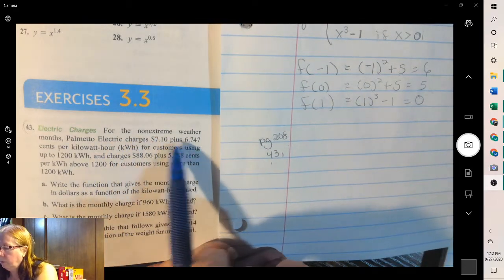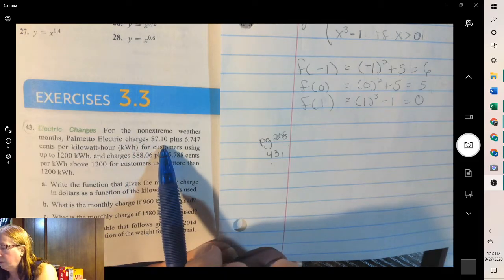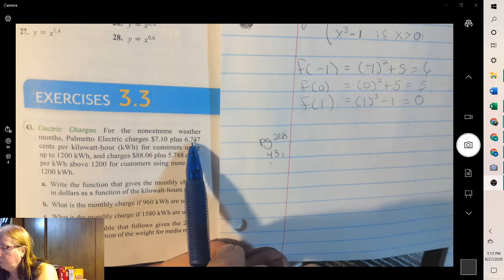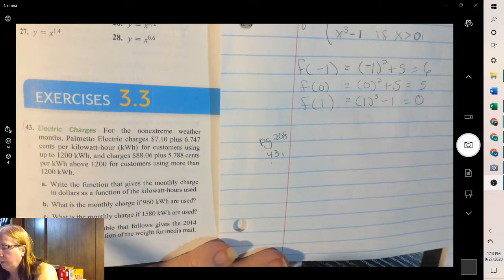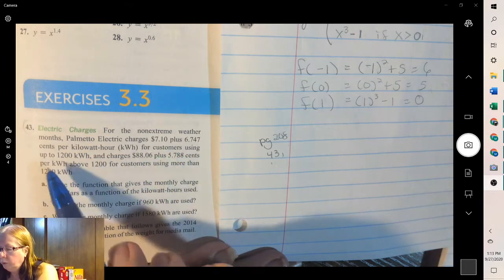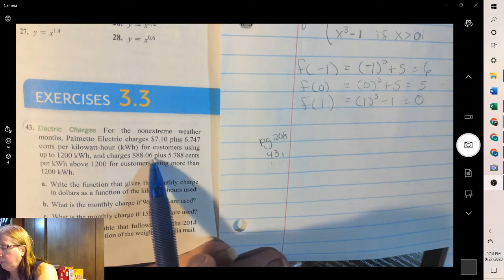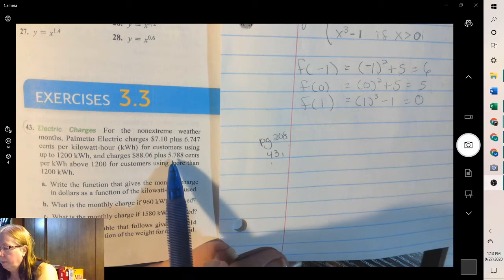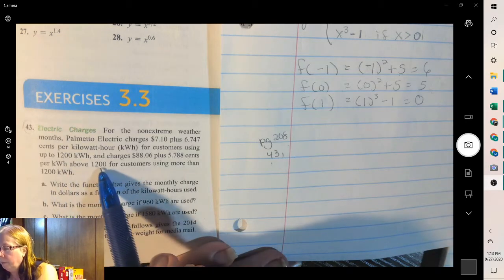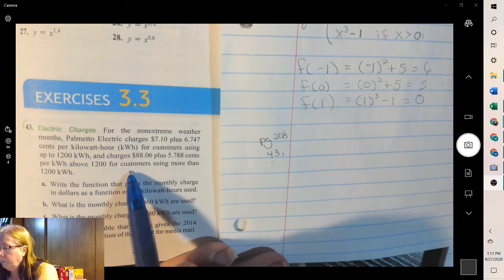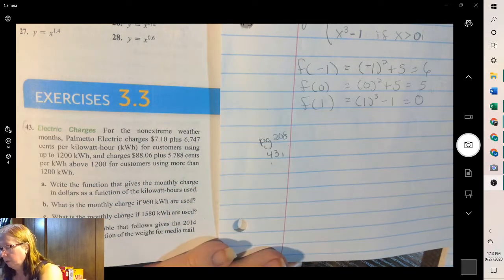For the non-extreme weather months, Palmetto Electric charges $7.10 plus 6.747 cents per kilowatt hour for customers using up to 1,200 kilowatt hours and charges 88.06 plus 5.788 cents per kilowatt hour above 1,200 for customers using more than 1,200 kilowatt hours.